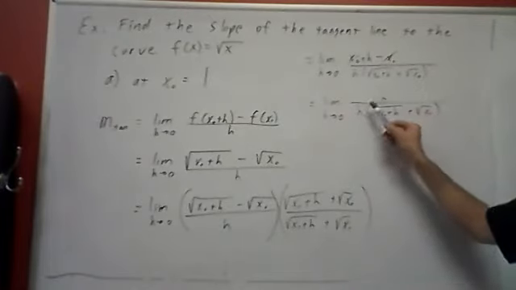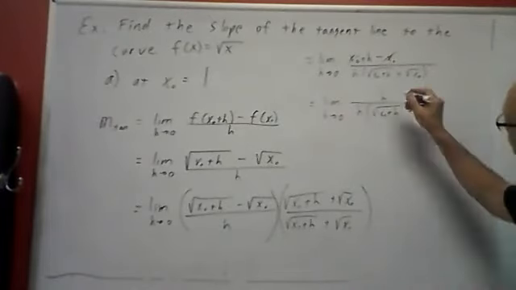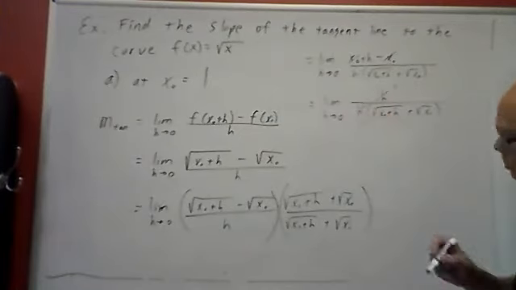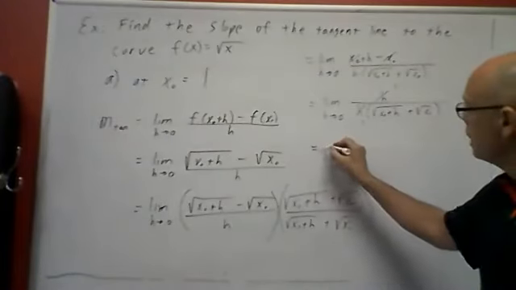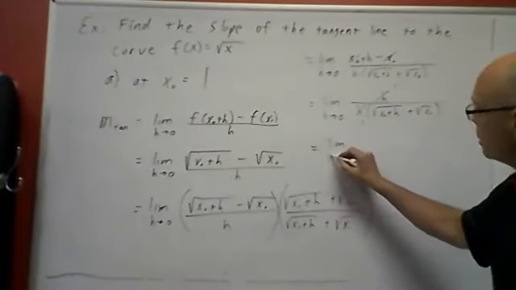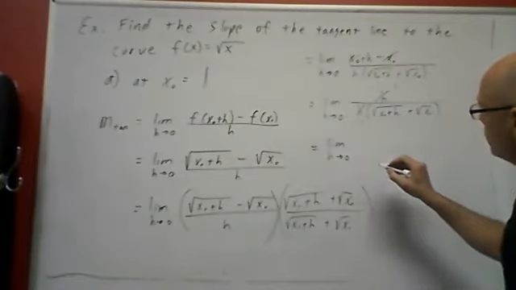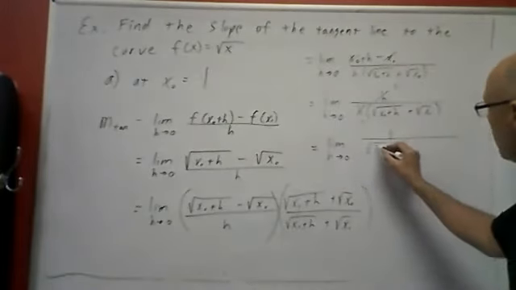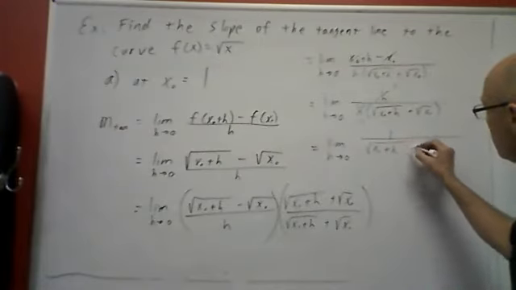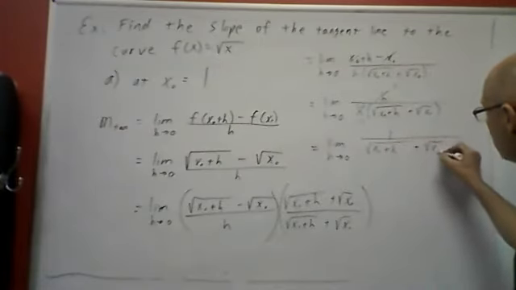What happens with these h values right here? They divide out, so you're left with 1 and 1. So you have the limit as h approaches 0 of 1 over the square root of x naught plus h plus the square root of x naught.